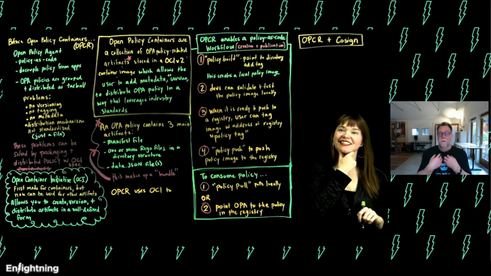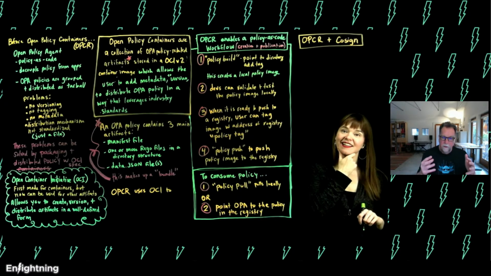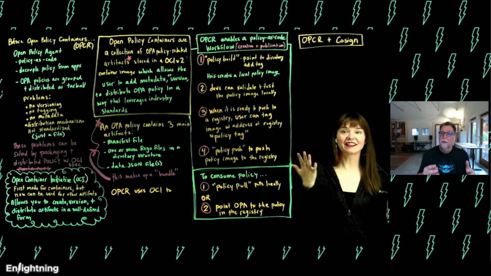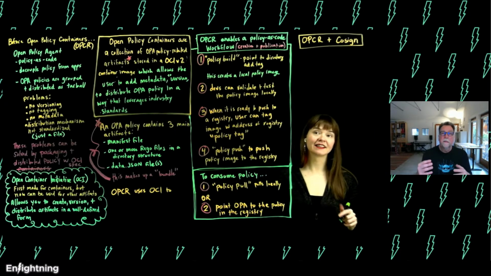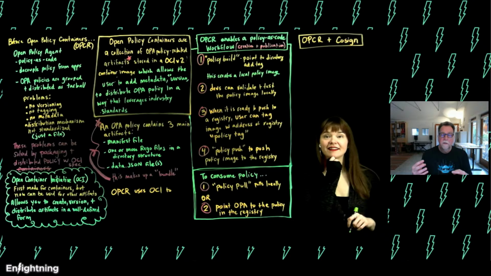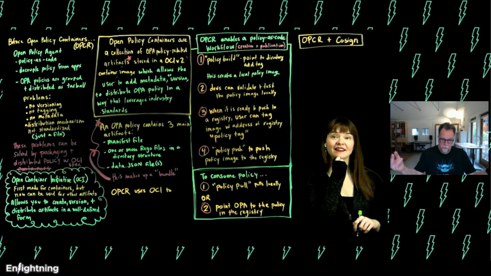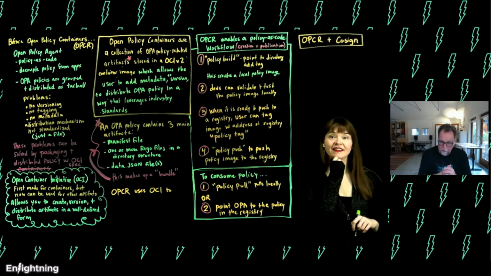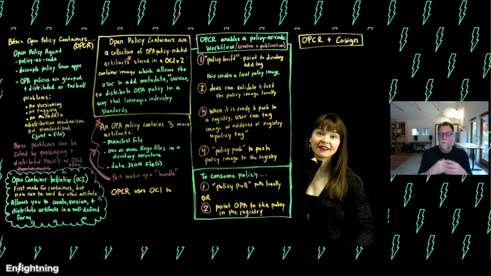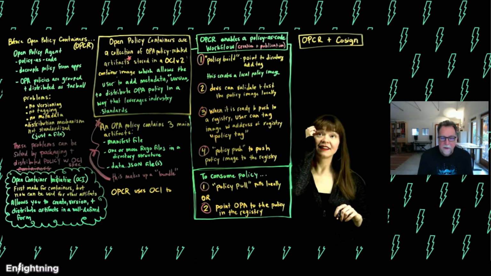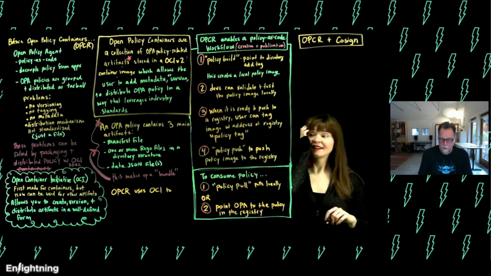So my approach is, if we can leverage these specialized projects that only focus on this problem set, I love that, in a way that it's not just specific to OPA, but generic to the OCI container environment. I would prefer that, right?